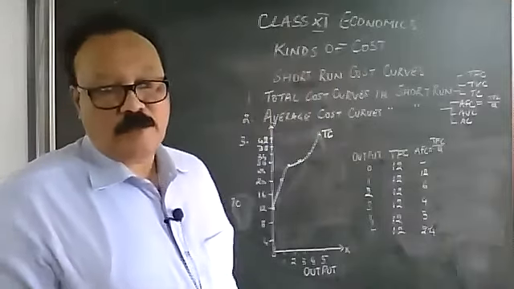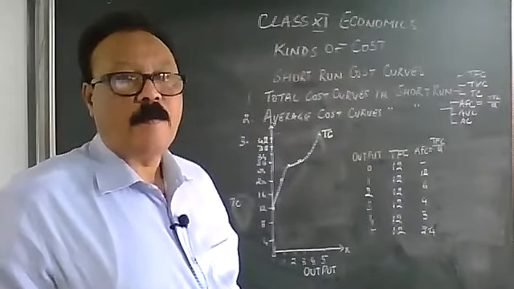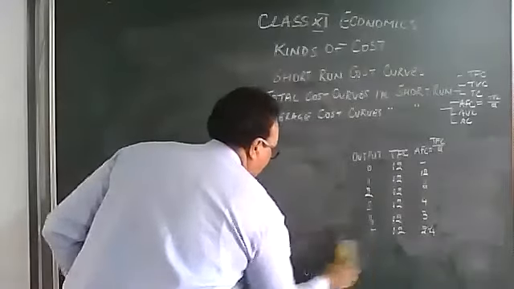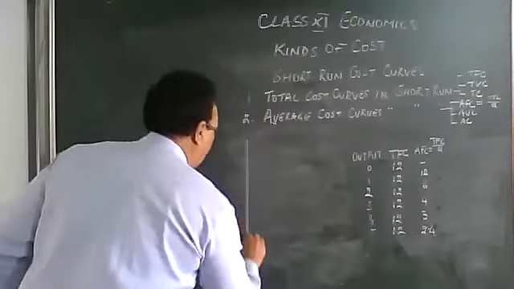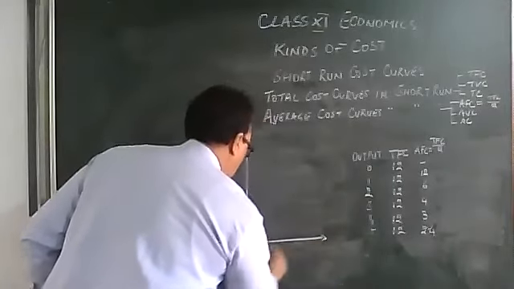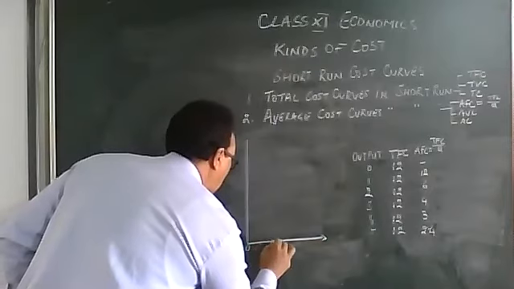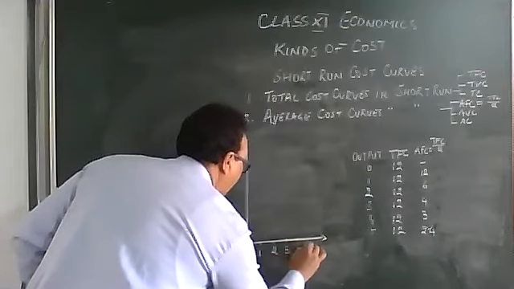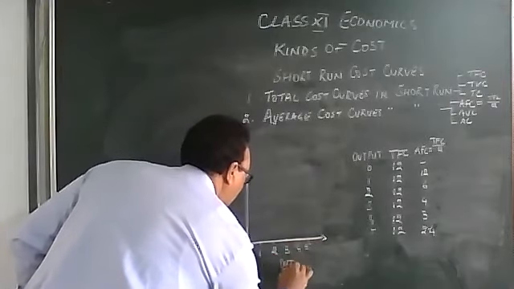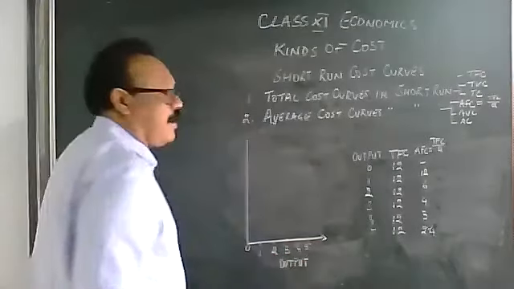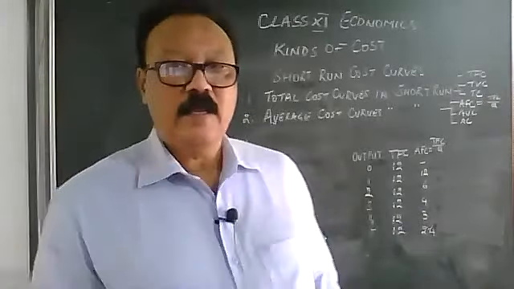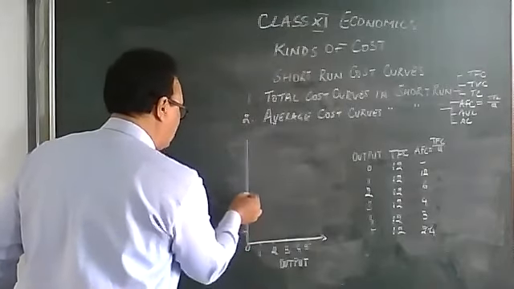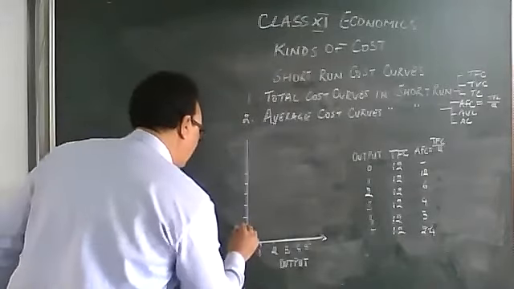You can plot it. Output 0, 1, 2, 3, 4, 5. This is your output. And your average fixed cost you can take in 2, 4, 6, 8, 10, 12.